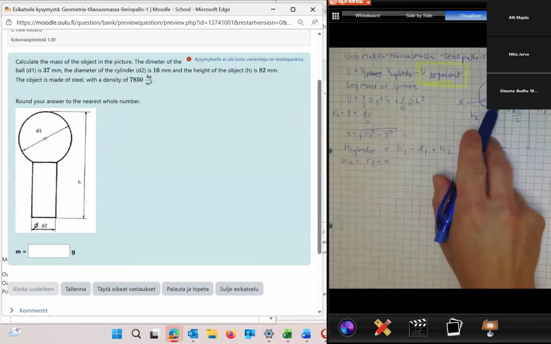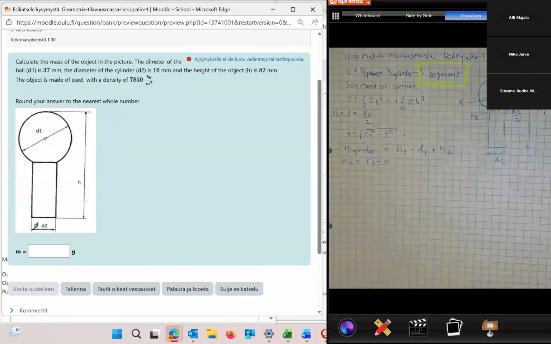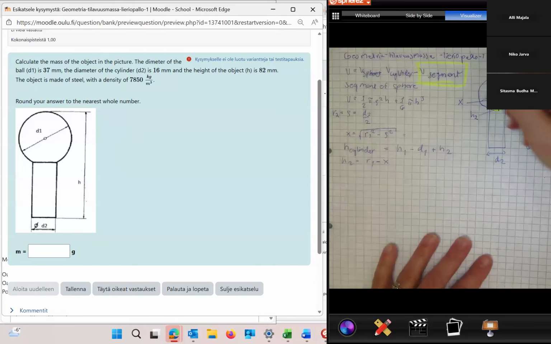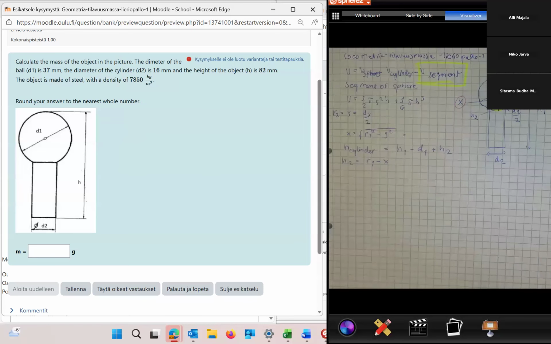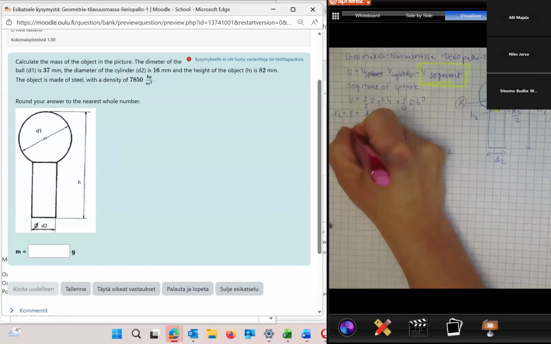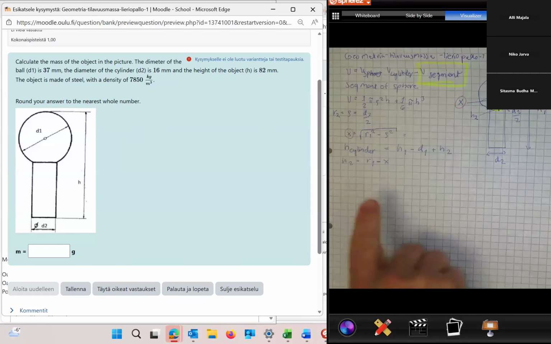I marked that with X, the height until the... that would be the X. So maybe this looks a bit like that. I just try to use the letters that the equation book had used. So, but it's not super complicated at all.